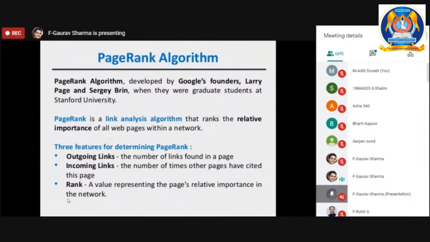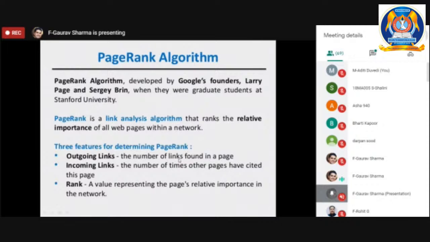The PageRank algorithm was developed by Google's founders Larry Page and Sergey Brin when they were graduate students at Stanford University. PageRank is a link analysis algorithm that ranks the relative importance of all web pages within a network. There are three features for determining the page rank. First is outgoing links, the number of links found in a page.